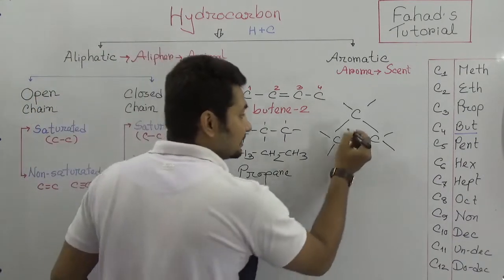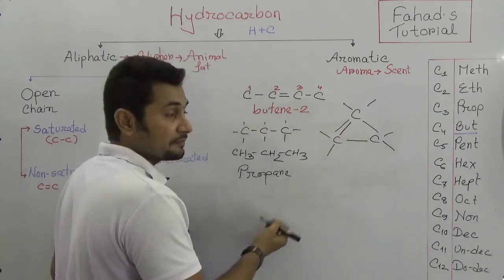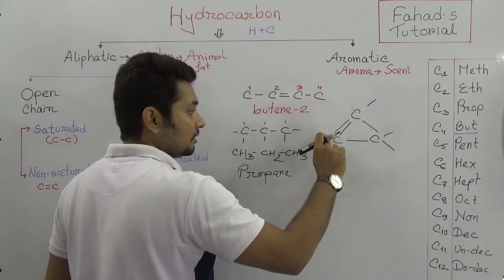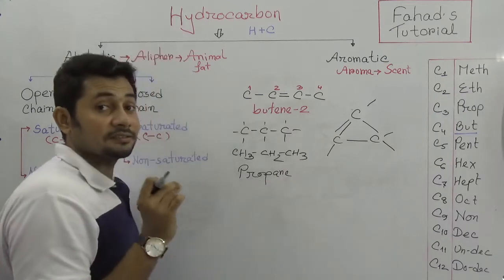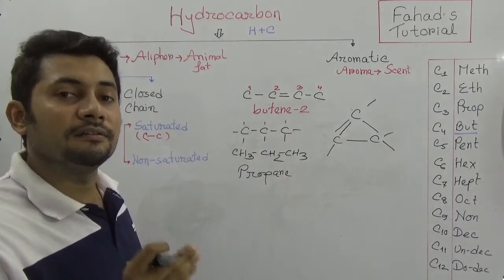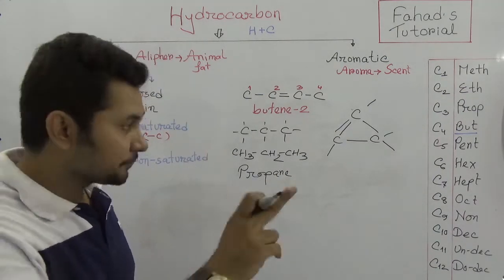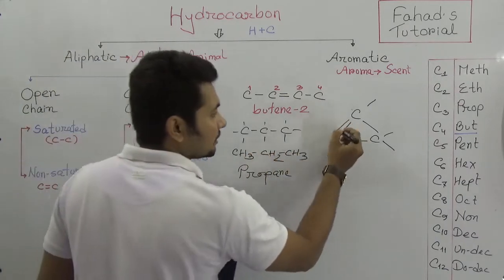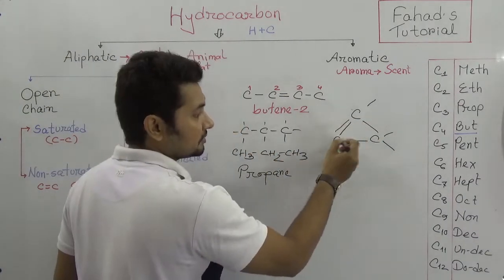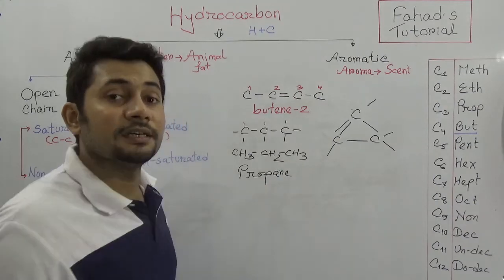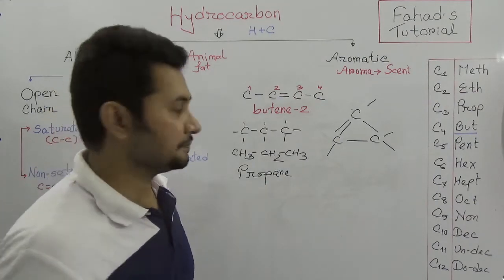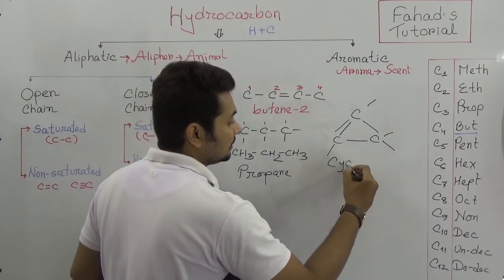But if there is a double bond between them, then one bond would not be here, because we must remember every time that the valency of carbon should be 4. So 1, 2, 3, 4. 1, 2, 3, 4. Now it becomes cyclopropene.